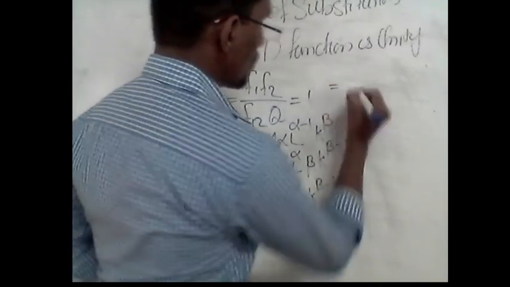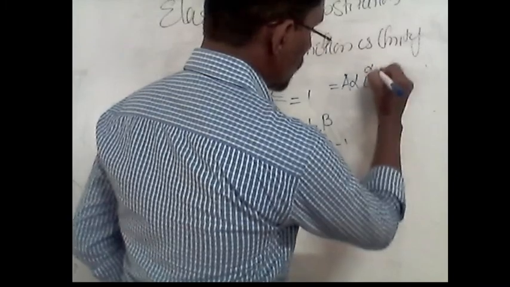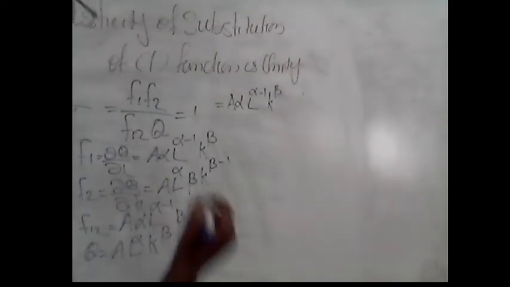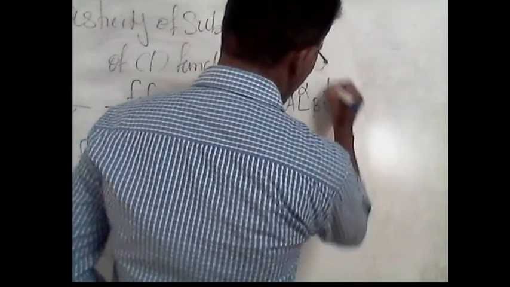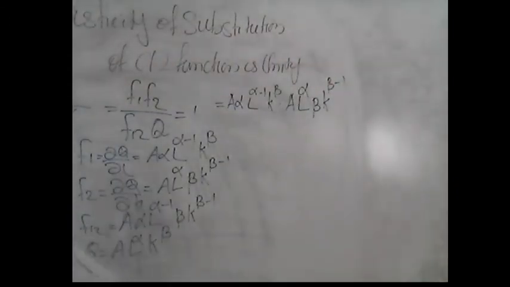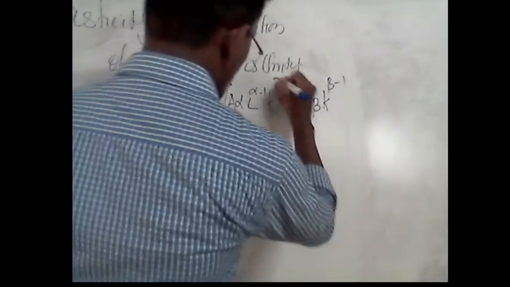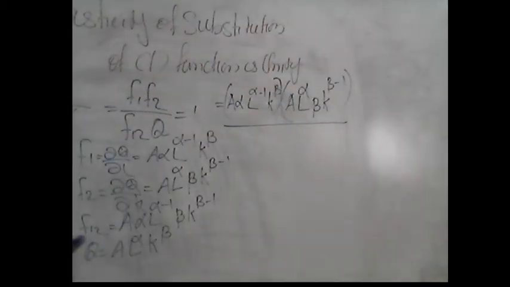That is equal to F1 F2, means F1 is A alpha L raised to alpha minus 1 K raised to beta, into the differentiated value with respect to capital, that is A L raised to alpha beta K raised to beta minus 1, the whole divided by the differentiated value F12.